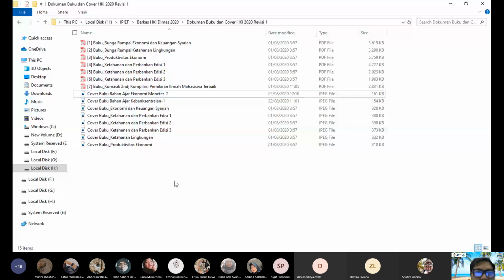And oh, here, okay, I have my documents here. I have 7 here, but I cannot show you each one. If you can see from the screen, there are 7 books, and the majority are book compilations. I myself write, and others also write, and we compile it into a single book. I also have 2 other books written on my own, but still being edited and registered in the book list.